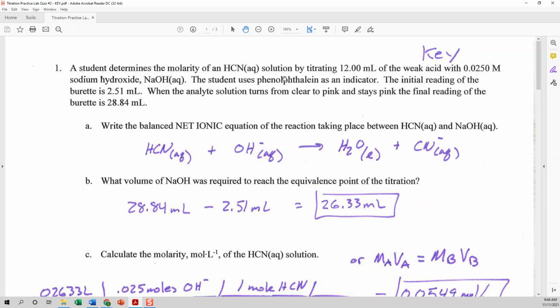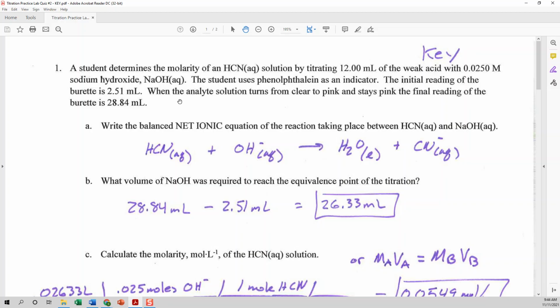We're told that we use phenolphthalein as an indicator. And we're given the initial reading of the burette and the final reading of the burette when the solution turns from clear to pink. That clear to pink is our indication that we are at the endpoint of the titration, and that's what phenolphthalein does. It's clear in an acidic solution, and then when it hits a pH of about 8 or so, it turns pink, and that's our indication.